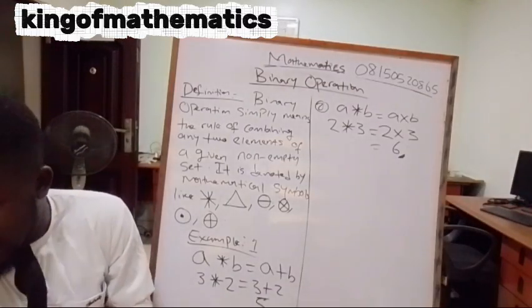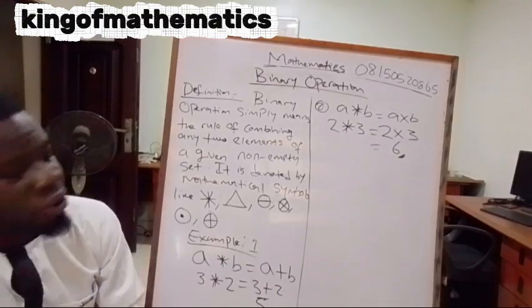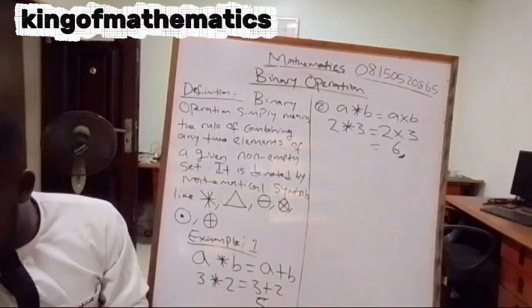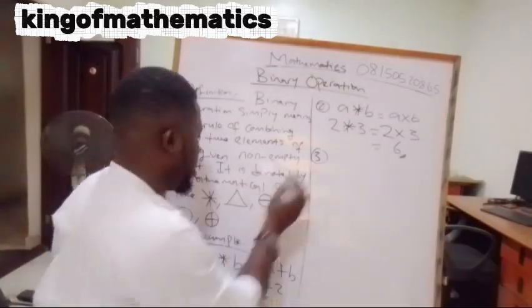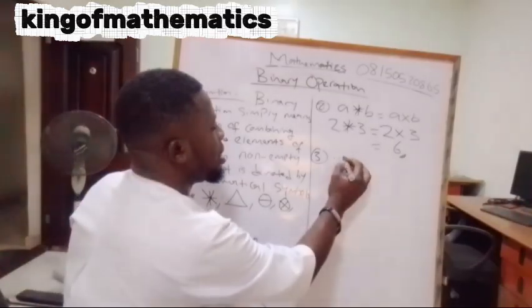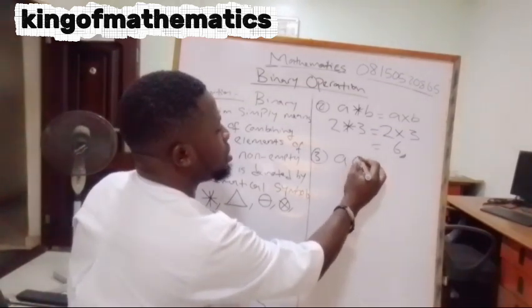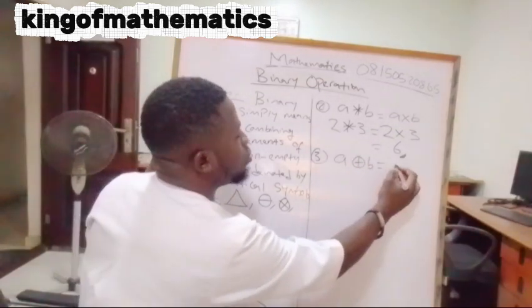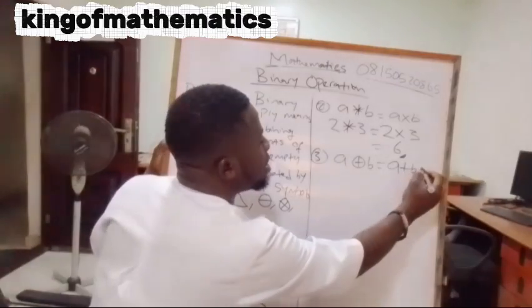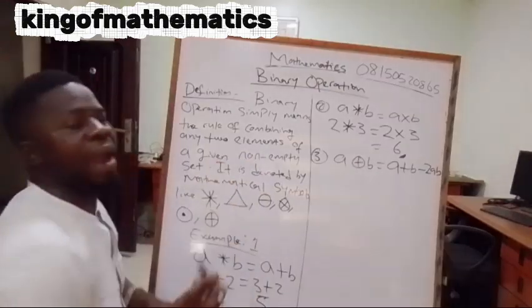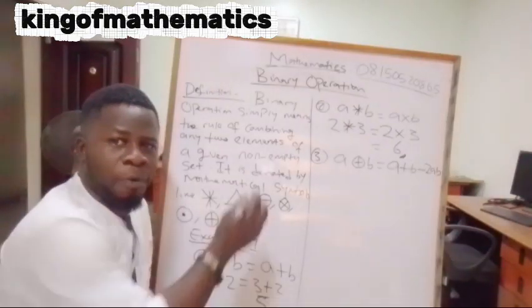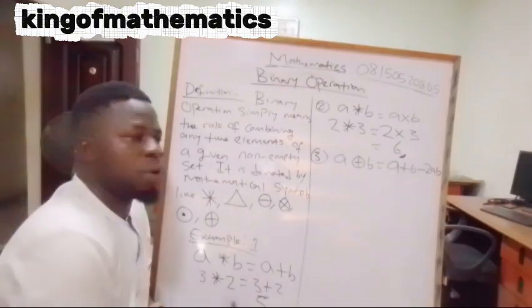Let's see another interesting one. Let's say I'm changing the sign now, and I'll use example 3. Let me use this one this time around. a operation b, if I ask it to be a plus b minus 2ab, that might be my operation for this one. So if you want to handle this, how are you going to solve it?